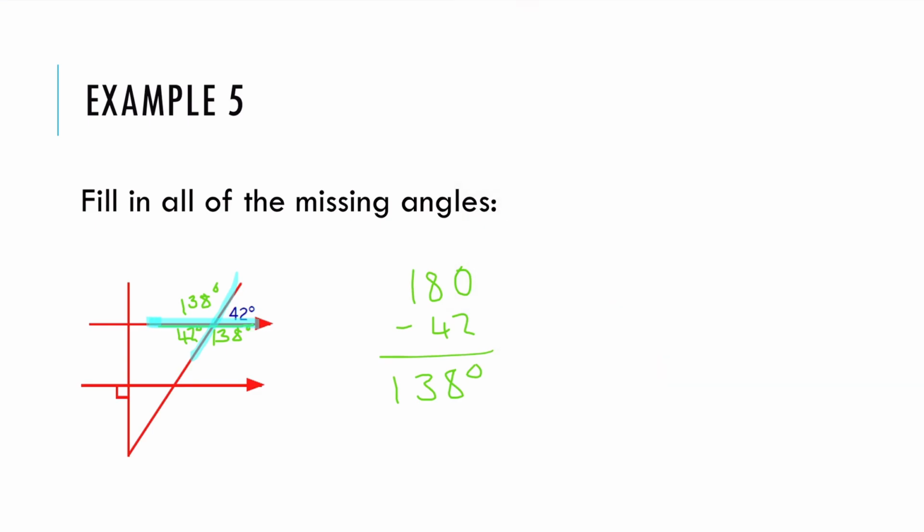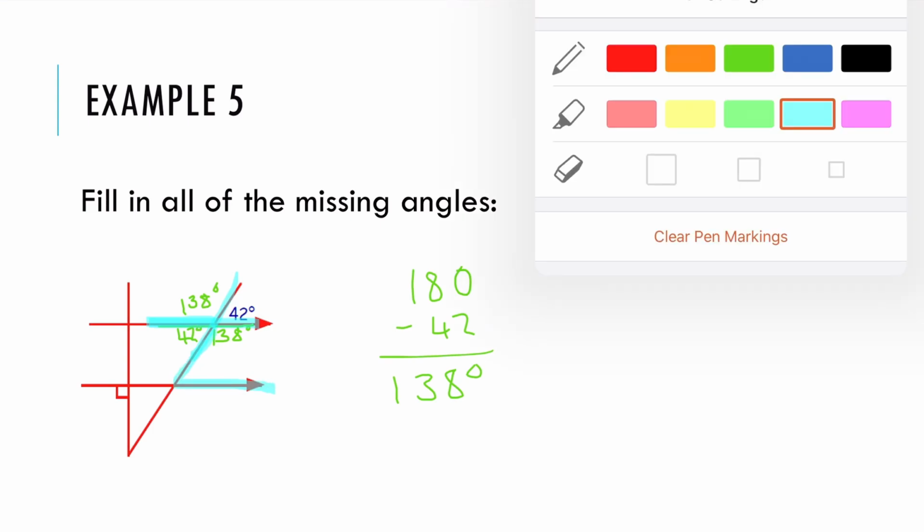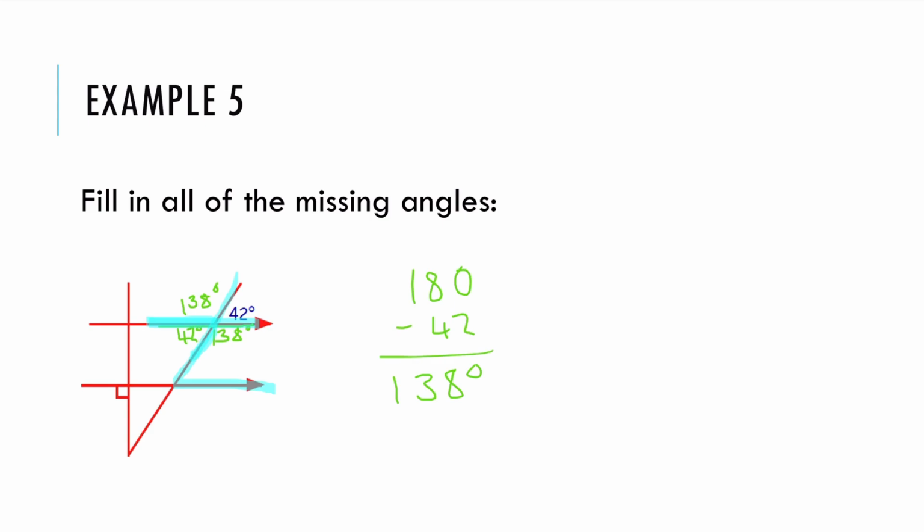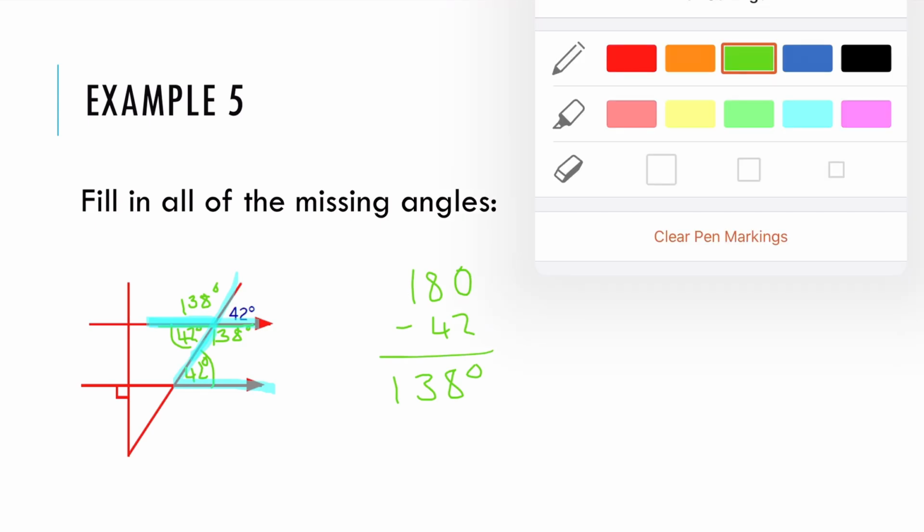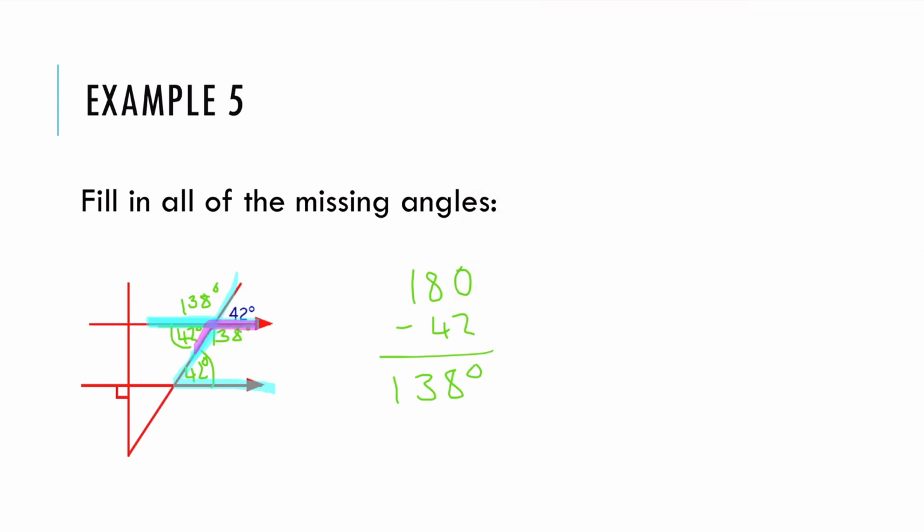Using Z angles, I can see a Z shape is formed here. So I know that 42 must also be in here. And using another Z shape formed here, I know that 138 must also be in here.